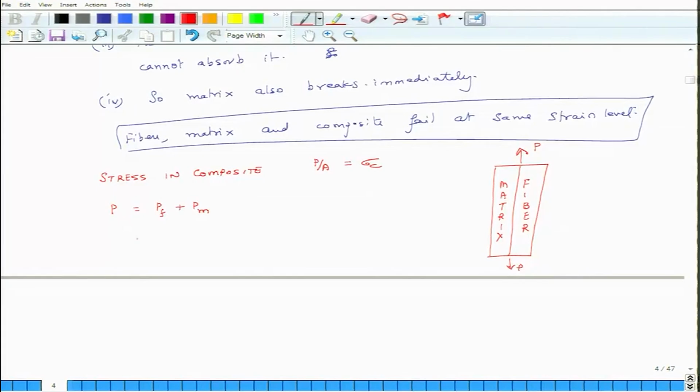The load shared by fiber will be equal to sigma F times AF, plus load shared by matrix, sigma M times AM. And this is equal to sigma C times A.